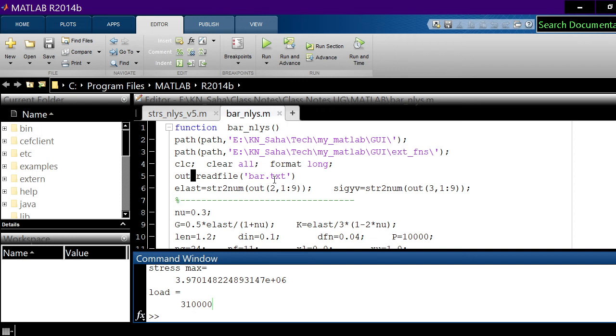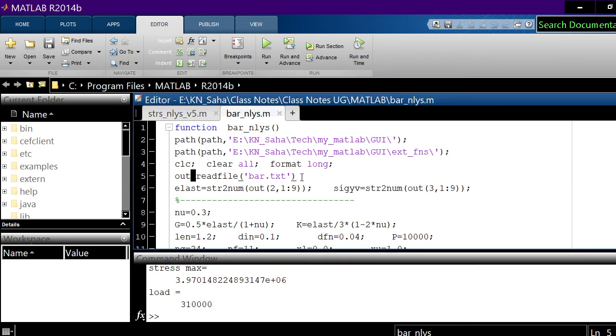Then what happens? The material properties are given in this particular file. Let us see what is there in this file. Let us run this.